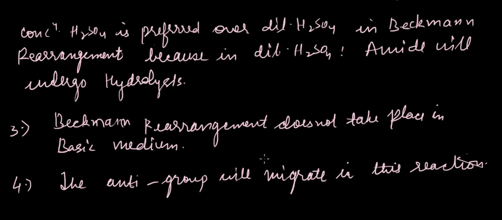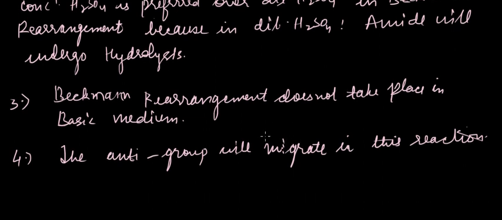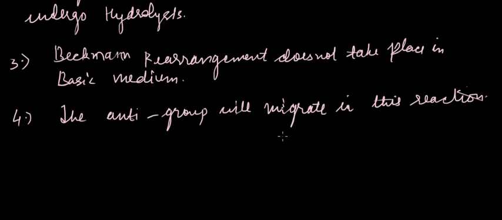In the pinacol-pinacolone rearrangement, the moving group does not attack the anti-bonding orbital of the carbon atom, but in this case the moving group would be attacking the anti-bonding orbital of the nitrogen atom. And for the group to attack the anti-bonding position, it should be anti to the leaving group. Okay, so I'll explain with an example.